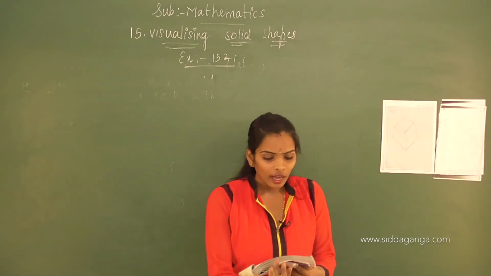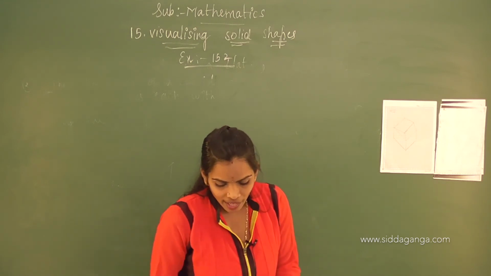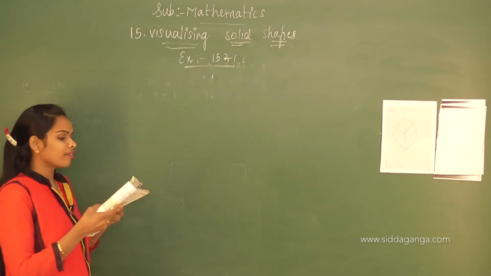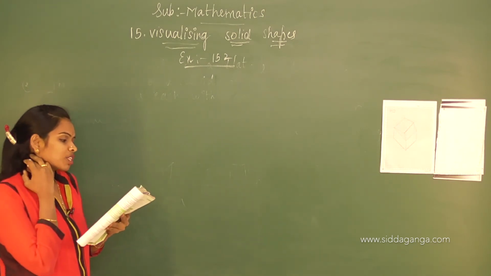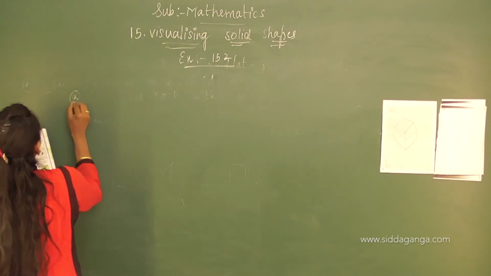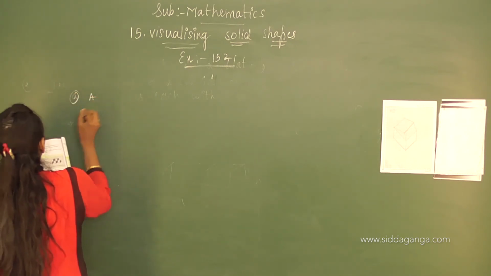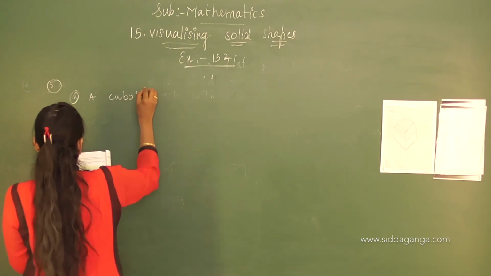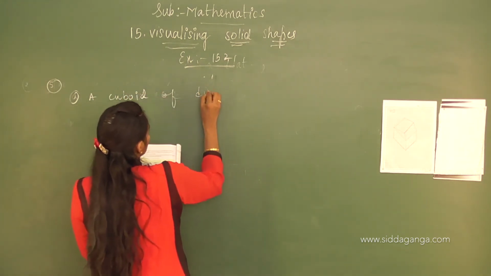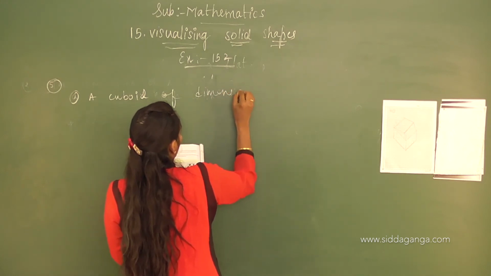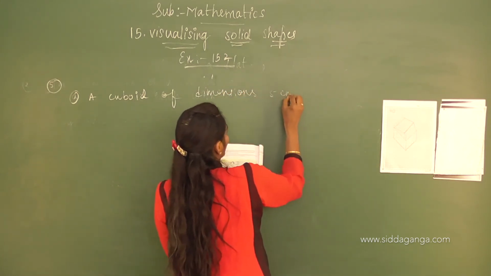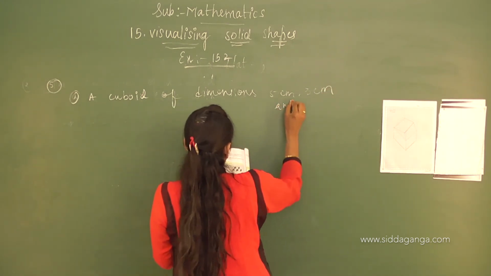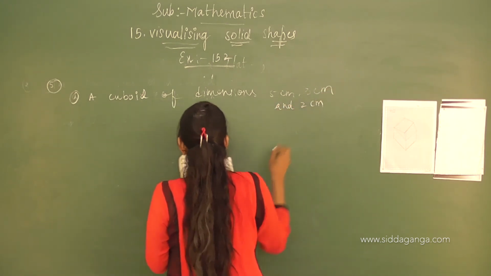See here children, give an oblique sketch and isometric sketch of the given dimensions. First one, they are asking us to draw a cuboid of dimensions 5 centimeters, 3 centimeters and 2 centimeters.